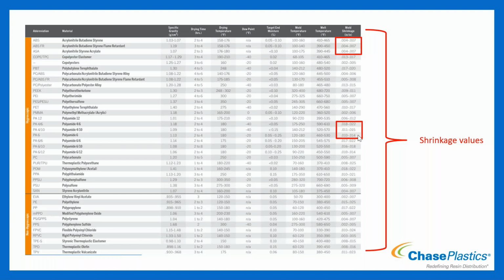Well, if you designed it for an amorphous material and you cut it for shrink for an amorphous material, but you really need a semi-crystalline material for its performance, well, now we have a potential problem, because we might not be able to cut away or cut where we need to. And now we're trying to fit a solution into a mold that wasn't really made for that type of material.